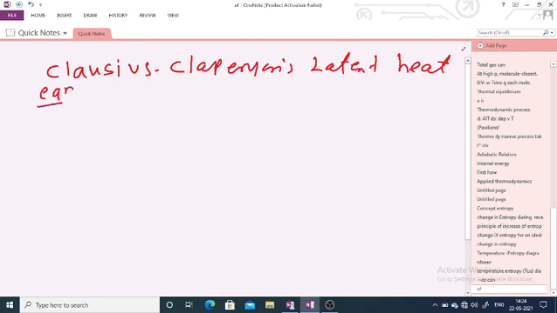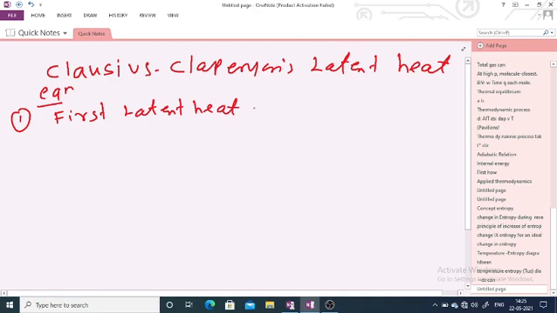Actually there are two latent heat equations. So first we consider the first latent heat equation.